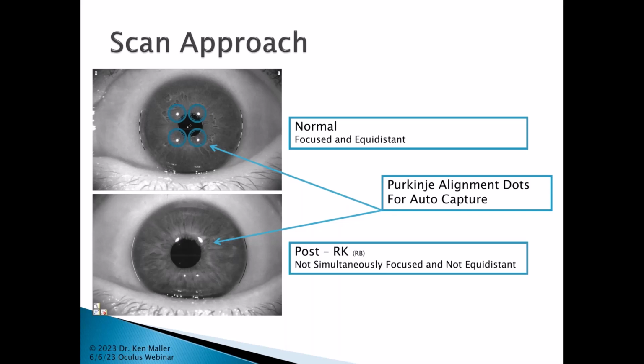If we take a look at the RK eye, we notice that they're not simultaneously focused and they're not equidistant from each other. And this presents another problem for capturing on these particular eyes, where the Pentacam is not going to auto capture because it's having a difficult time identifying exactly where the visual axis is, because these Purkinje images are not lining up where they're supposed to be lining up.